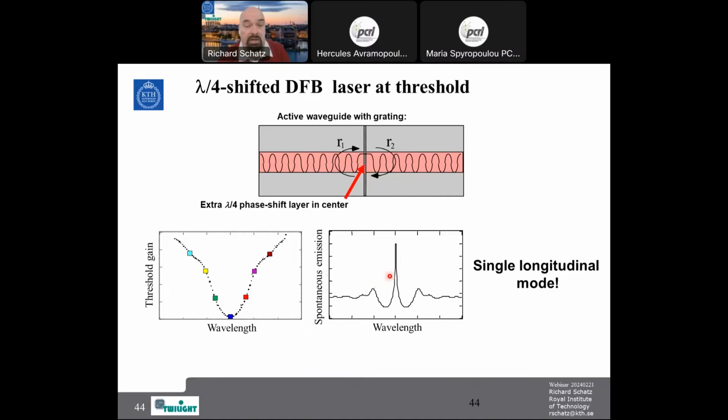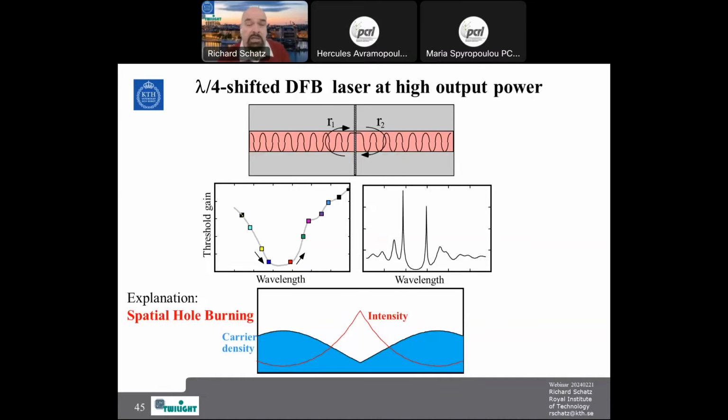And that's very nice. However, if you don't design this very accurately, and I will show it in the hands-on simulations, you get something called spatial hole burning. It's because here in the middle where we have a large reflectivity, you will have a peak of photon density, since the photons don't penetrate very well.